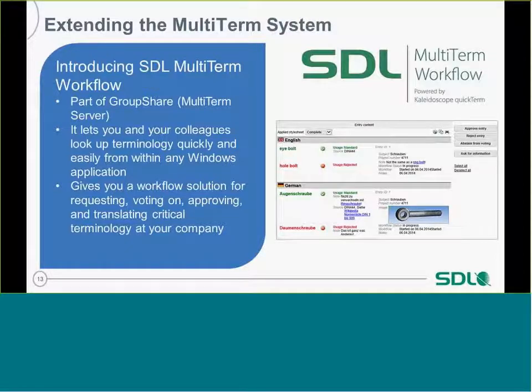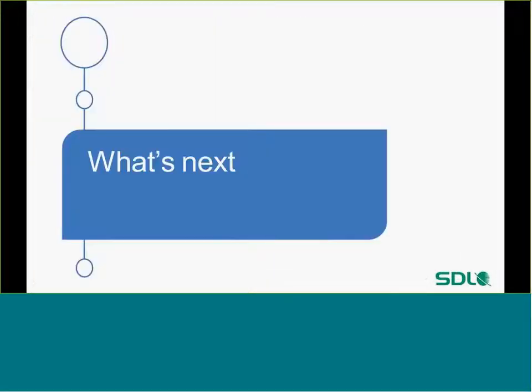So, look up terminology as well as giving a solution to request, vote, approve, and translate new terms. It makes it much more automated and structured, so that you can create a life cycle for a term. The product will be launched in the next couple of weeks.